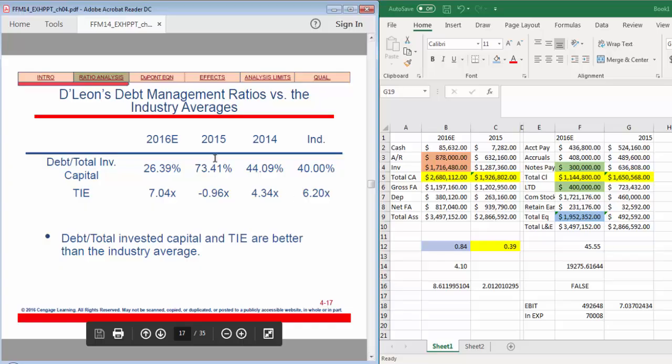Now, debt to total invested capital is, in our situation, 26.39%.